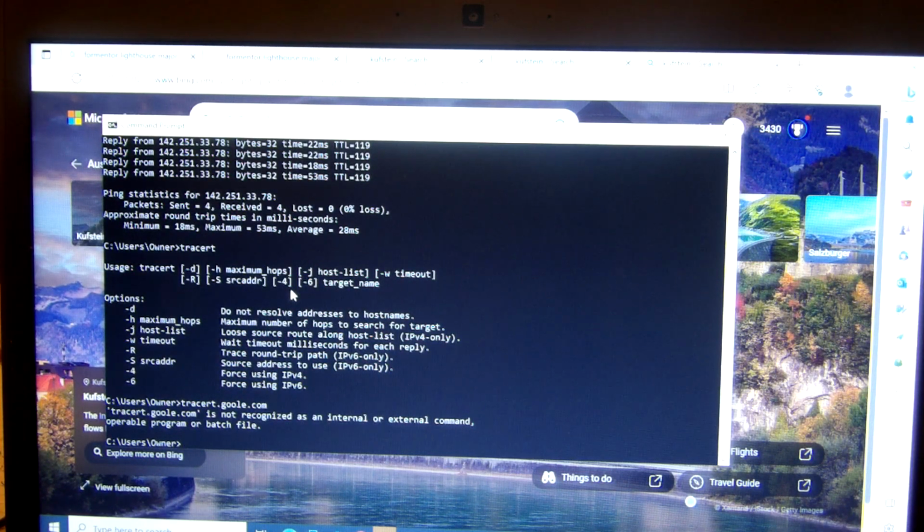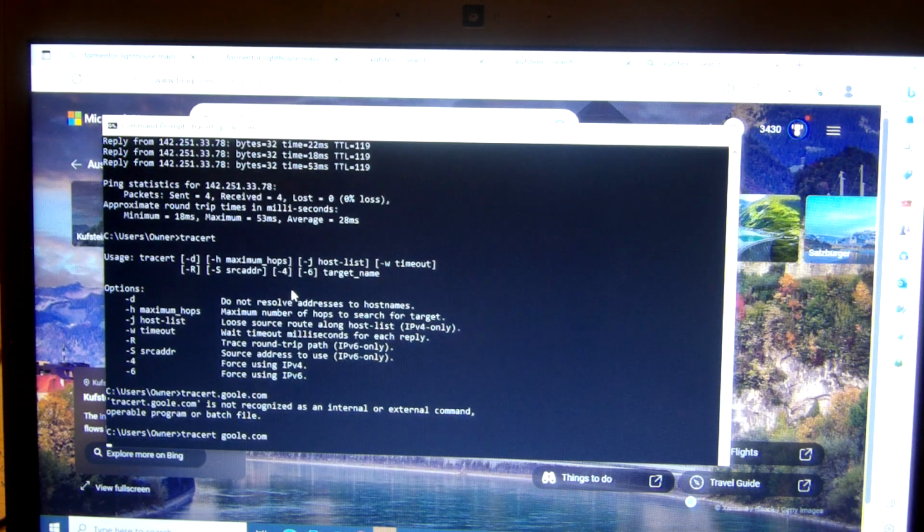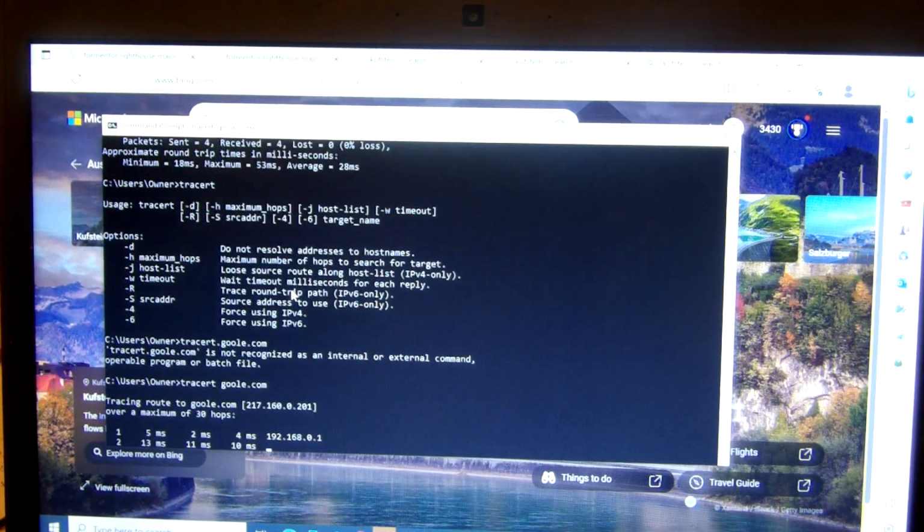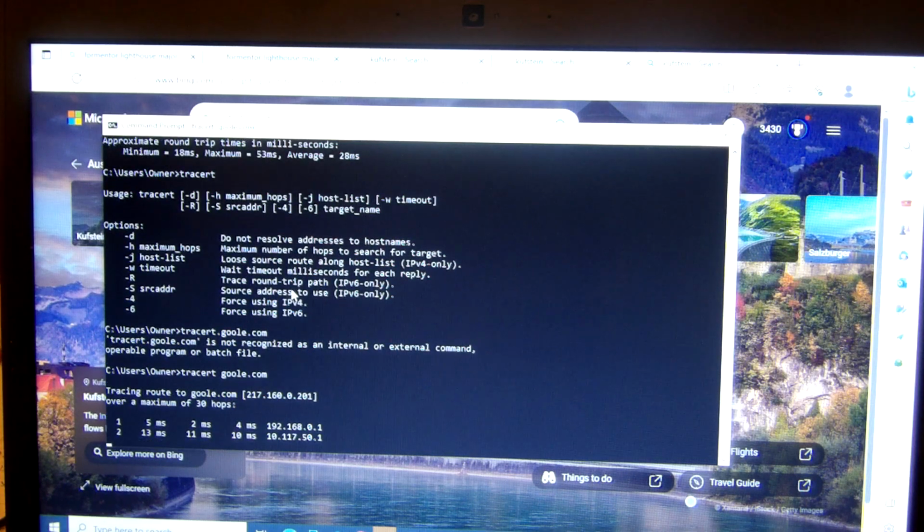I'm sorry. See, it shows all the hops getting to google.com.